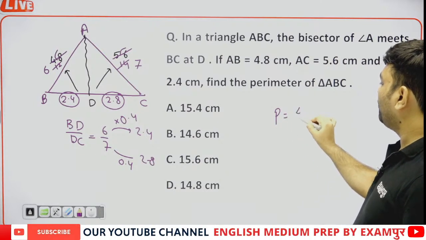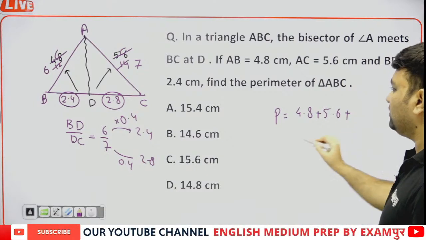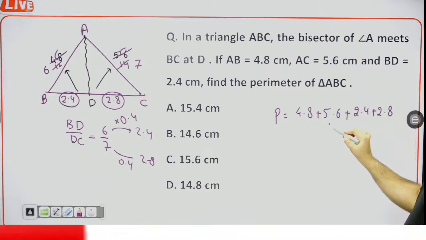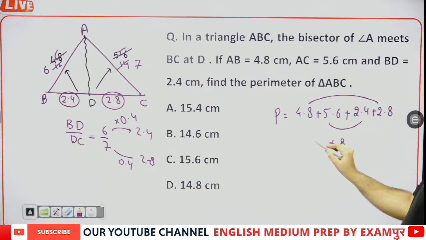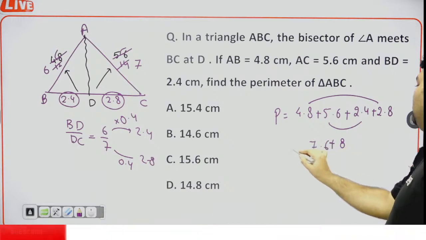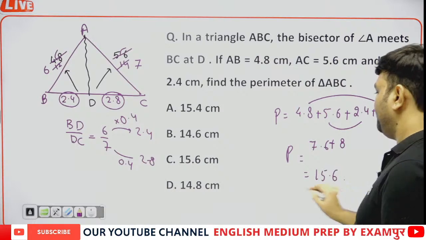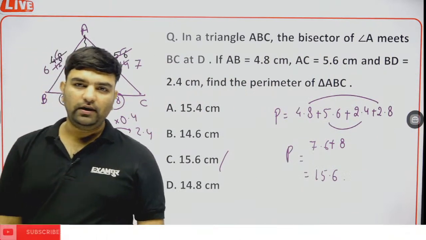One was 4.8, one was 5.6, and the two parts of the base are 2.4 and 2.8. It will become 8, and it will become 7.6. So perimeter is 15.6. Over and out.